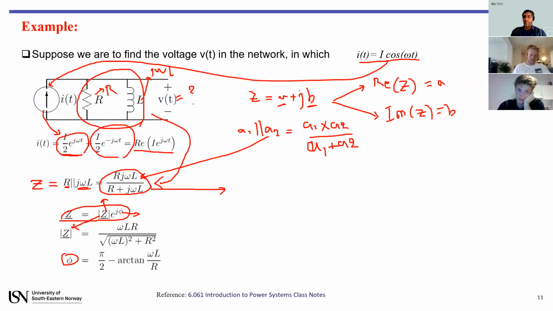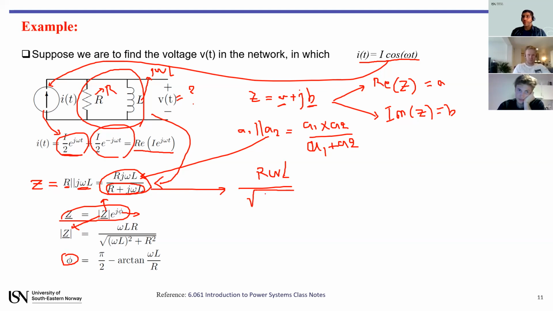It will be the amplitude of this part, numerator and denominator. The amplitude of this part will be R, omega, and L. However, this part is a full complex value.